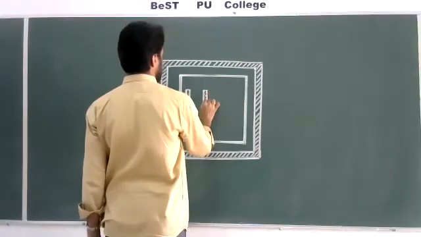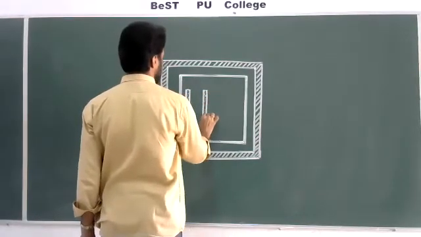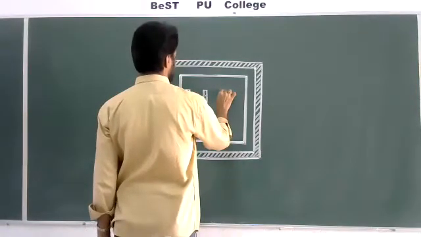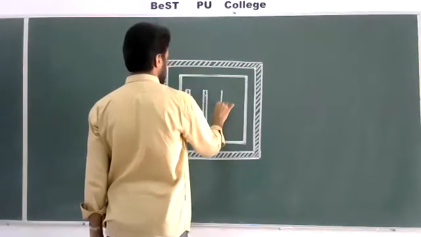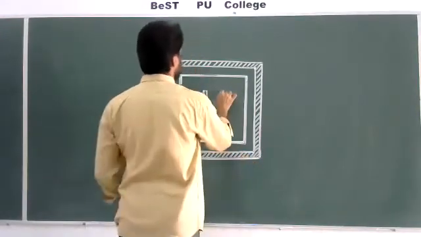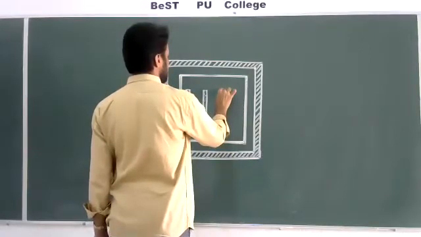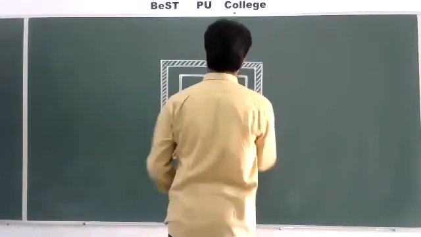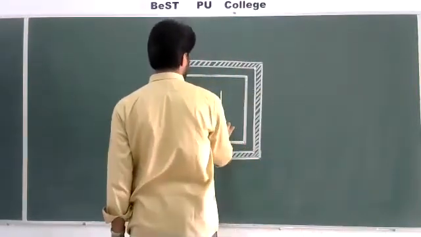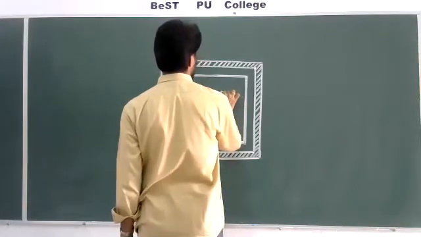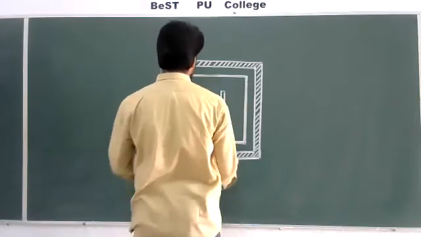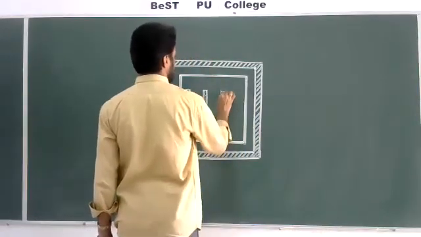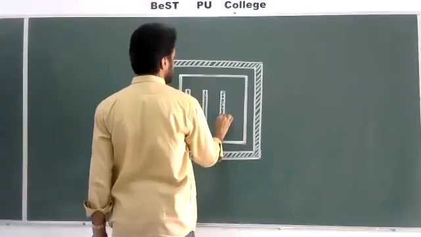Example: graphite, heavy water (that means deuterium oxide), beryllium, etc. So they are nothing but called moderators.